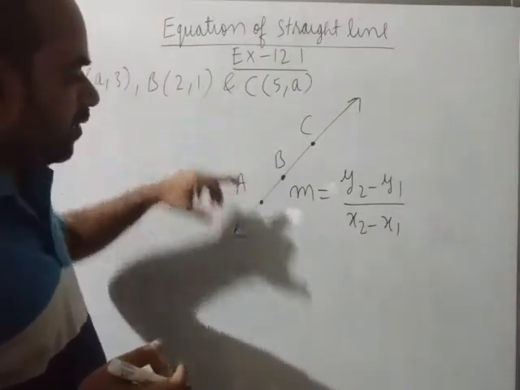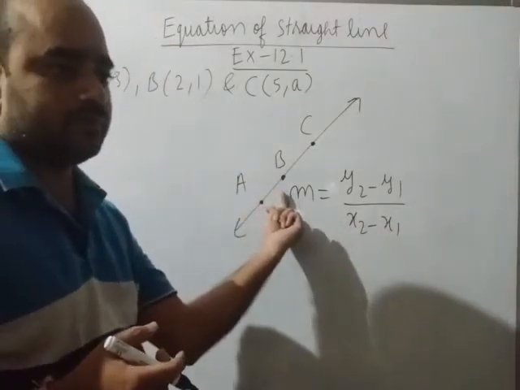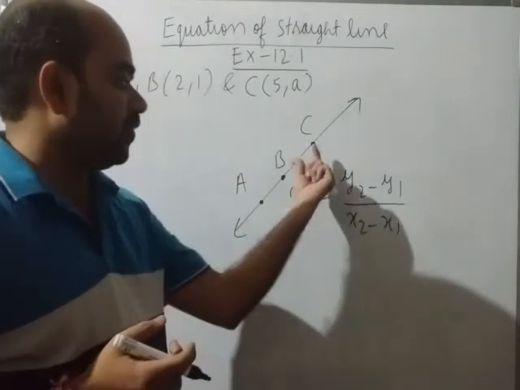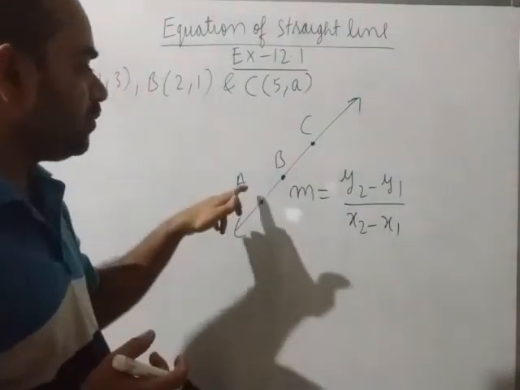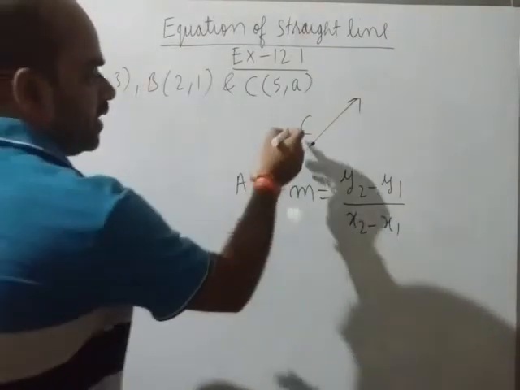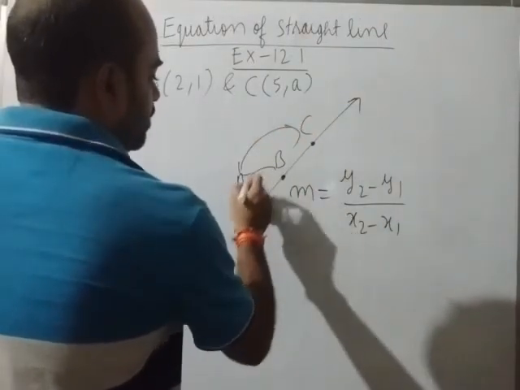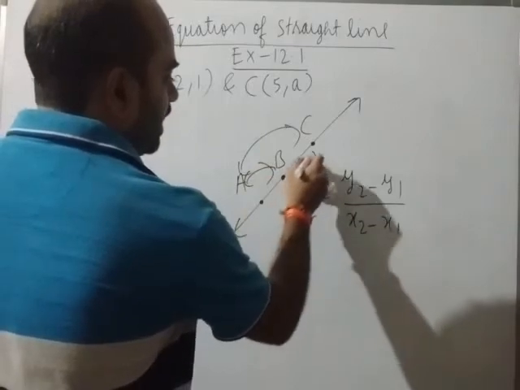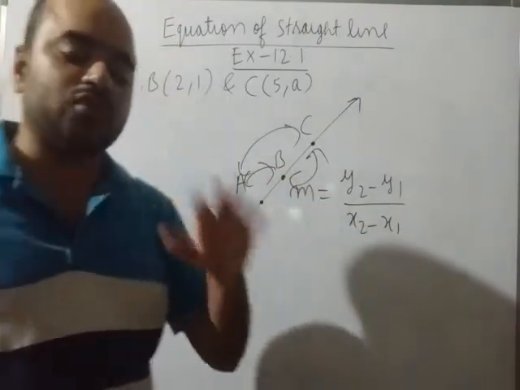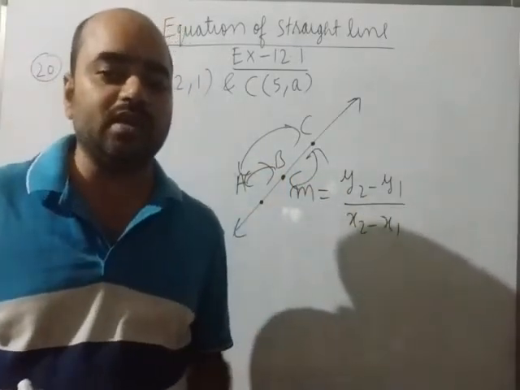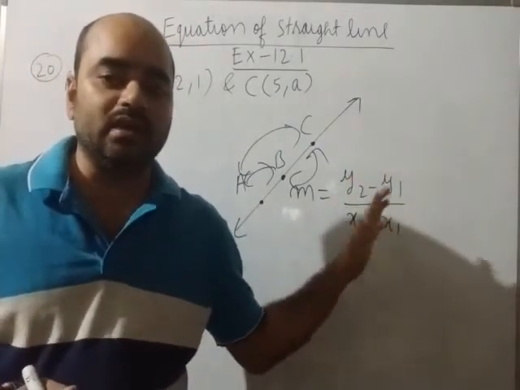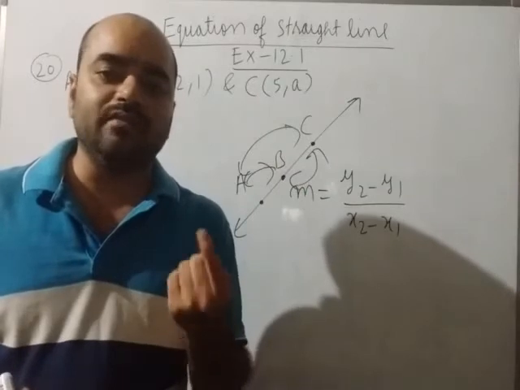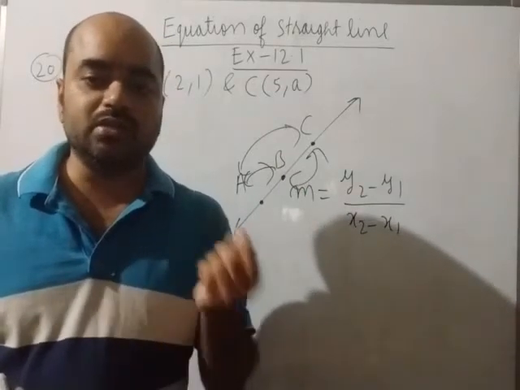If you calculate the slope using A and B, or using B and C, or using A and C, every time the slope must be the same. Why? Since the points are on the same line, collinear, and one line has only one unique slope.